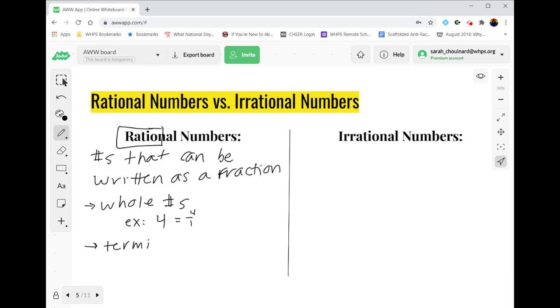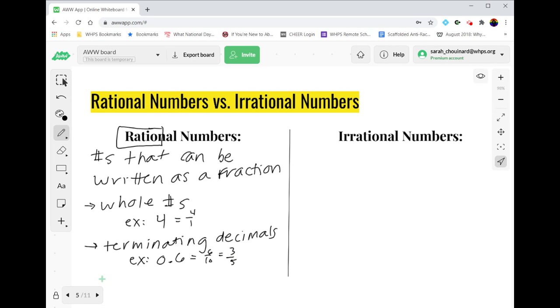Terminating decimals, which are decimals that stop, for example 0.6, are rational because they can be written as a fraction. 0.6 is 6/10, which could be simplified to 3/5.